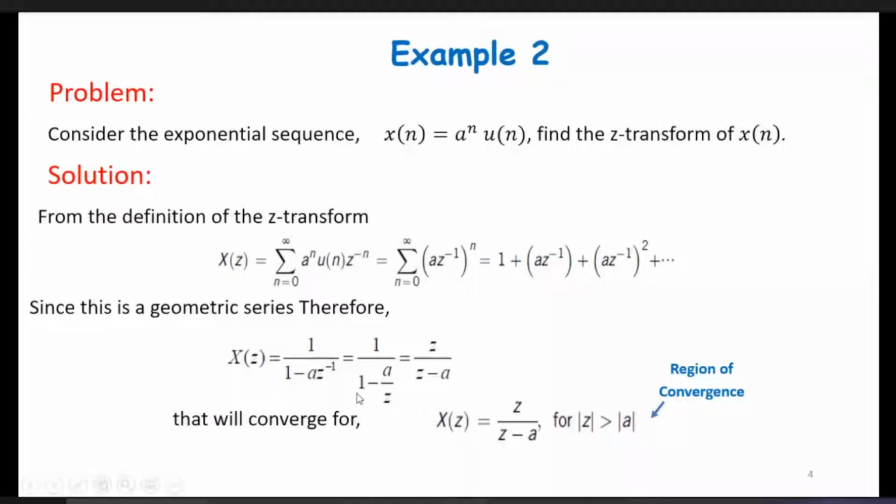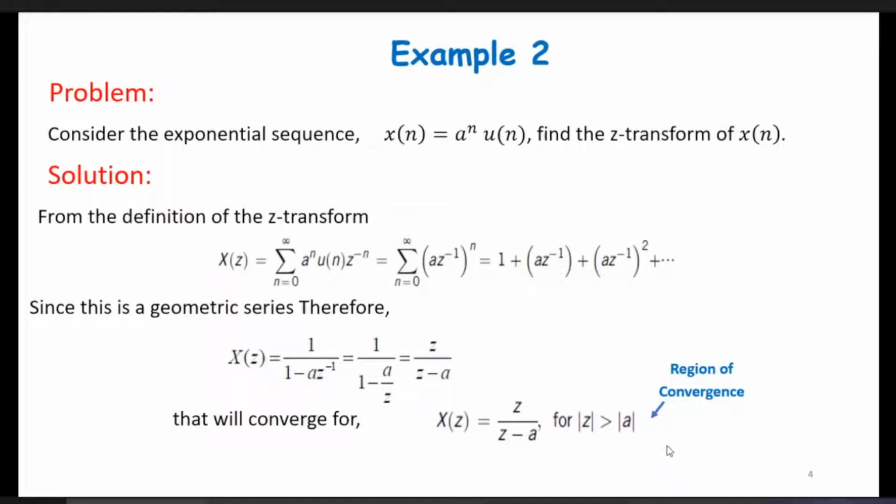You see that again, the series can be written as 1 by 1 minus a z inverse. So the mod of a z inverse should be less than 1, which means mod z greater than a.